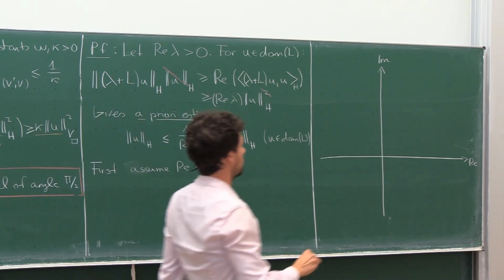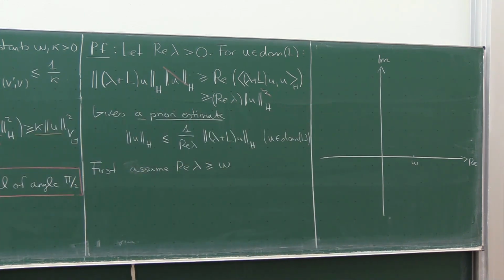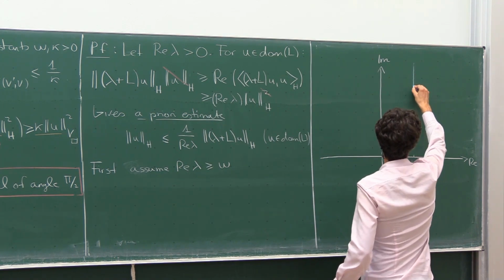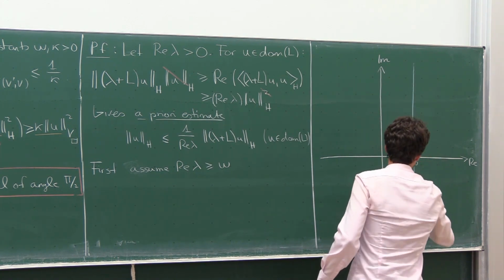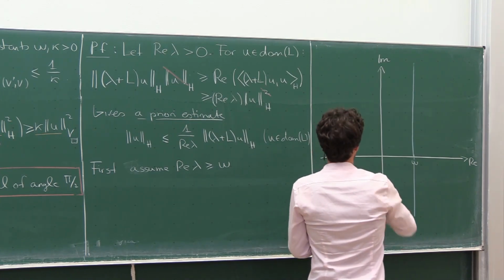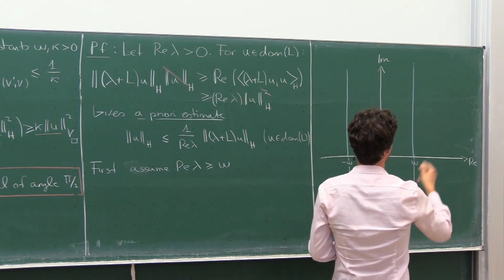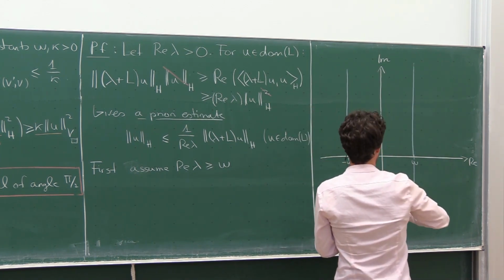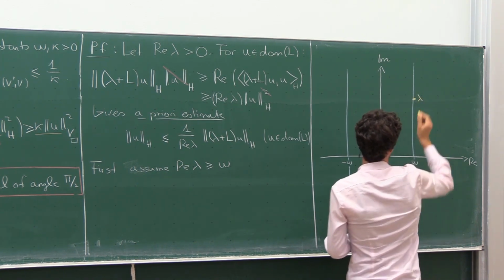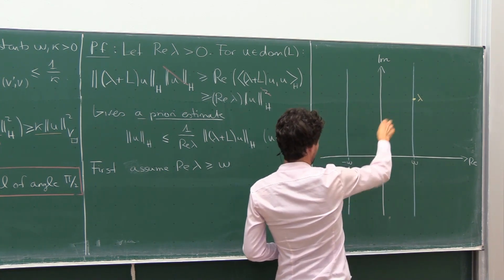Well, I could think of lambda sitting here. Now I need some further colors to turn this into a beautiful drawing. So there is this vertical line passing through. Then there's the vertical line on the other side. Okay, and for the moment, I'm working with a lambda that sits somewhere here, so suppose that lambda maybe is here. Okay, maybe it sits precisely on that line, even though that's not necessary. And then minus lambda is sitting somewhere else, namely down there.